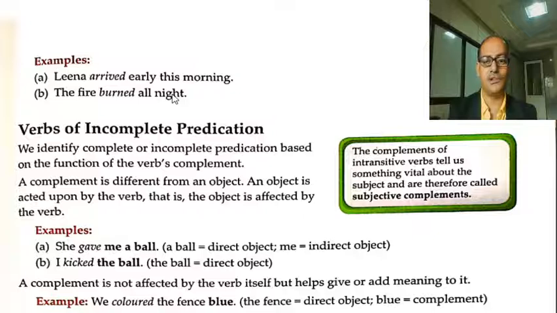Dear students, now I shall explain in a nutshell and revise the things we have already discussed today. First, we have discussed what an object is. The object is the part of the sentence which is affected by the action of the subject, and the verb indicates what action has been done on the object by the subject, because a verb is an action word.